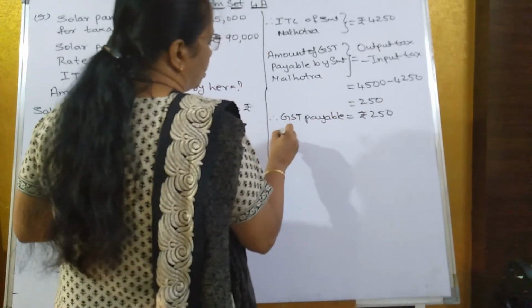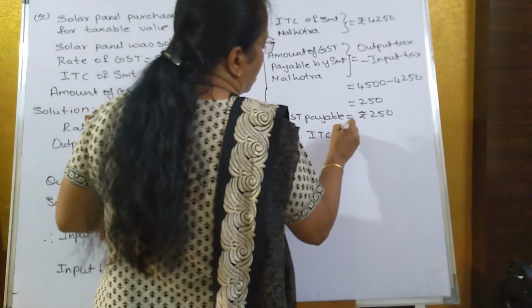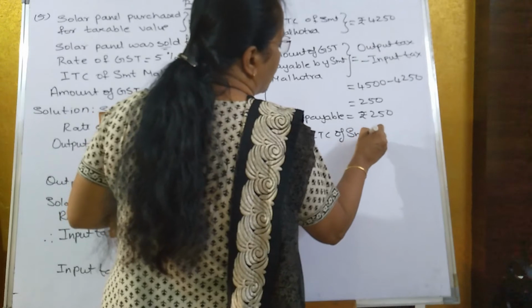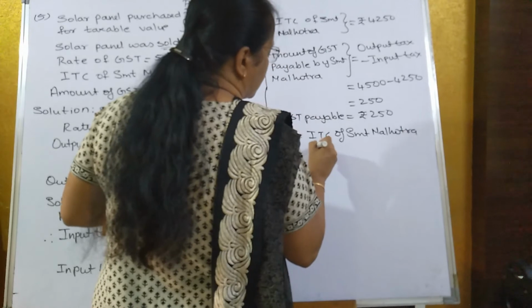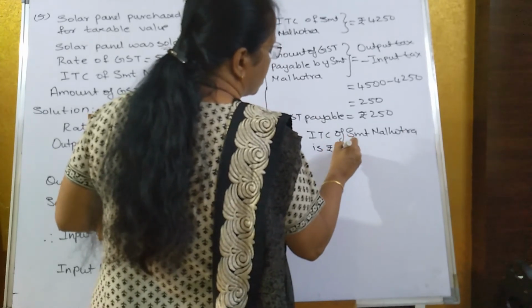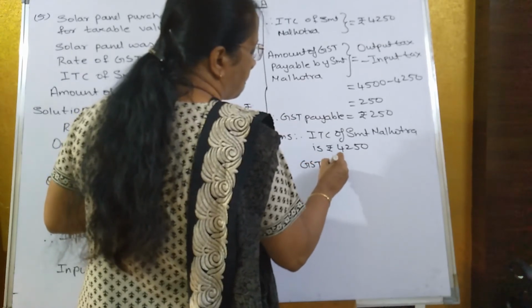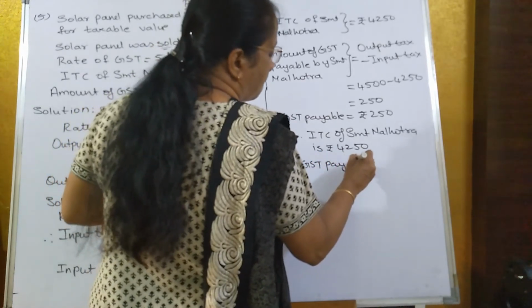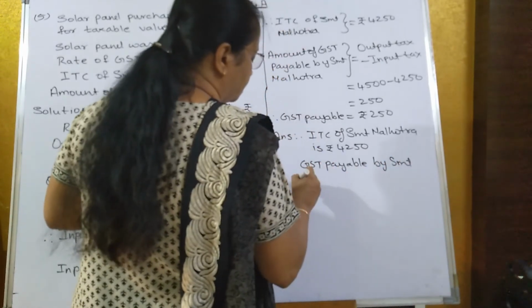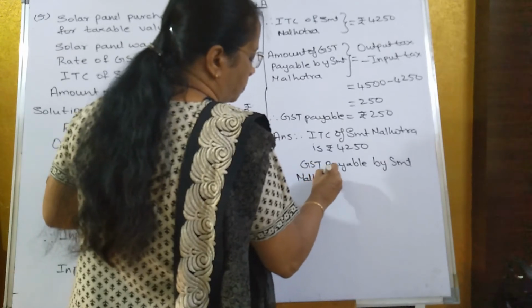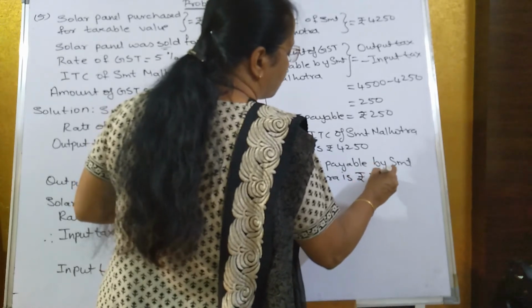So then you write down the answer. Answer: ITC of Shrimati Malhotra is rupees 4,250, and GST payable by Shrimati Malhotra is rupees 250.